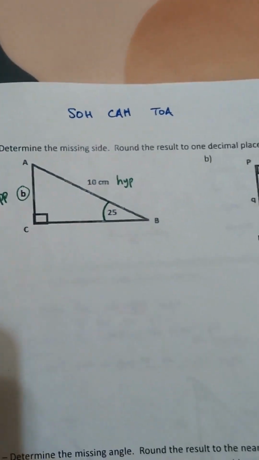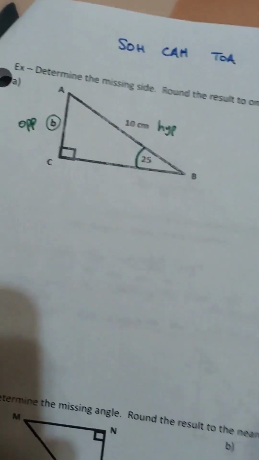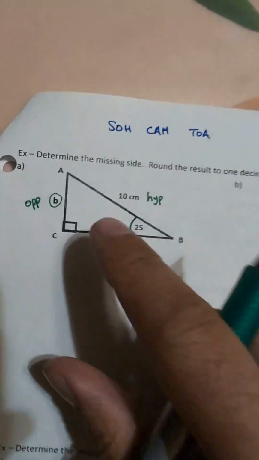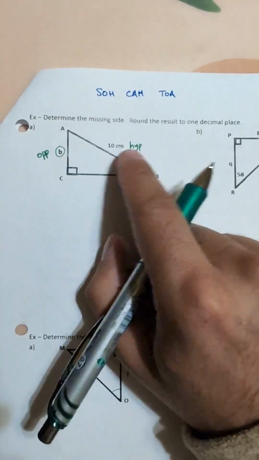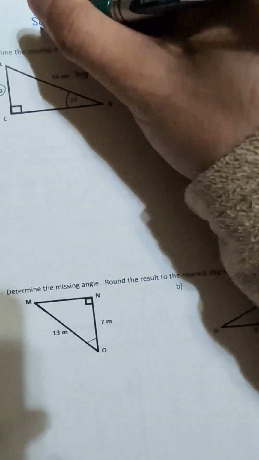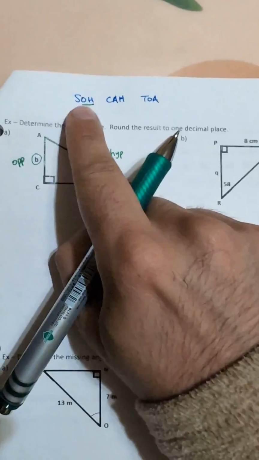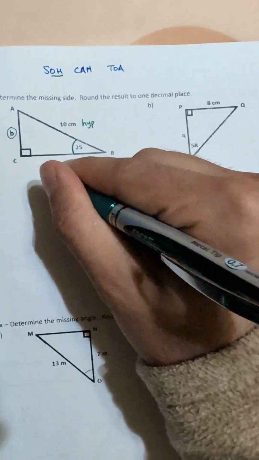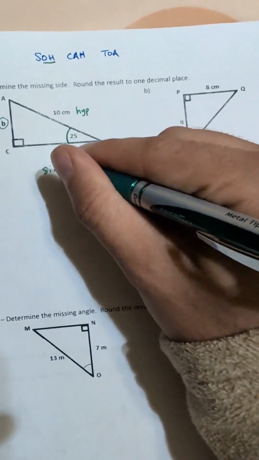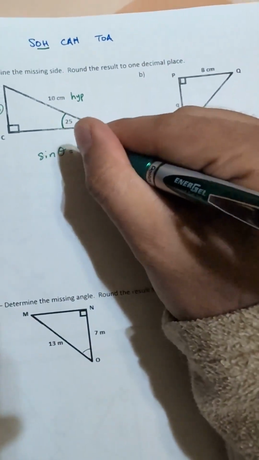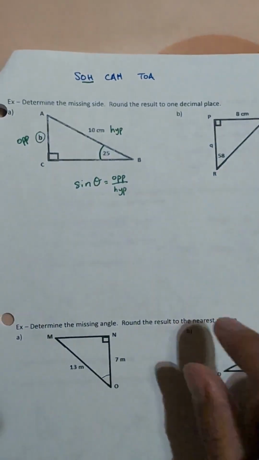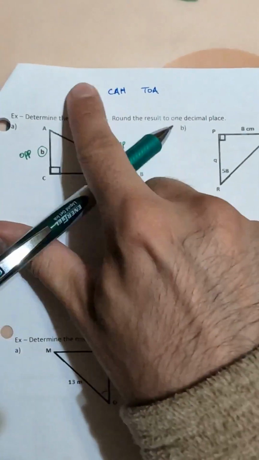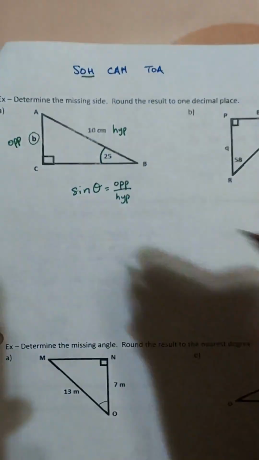That's the extra side here. I don't know anything about it, and I don't need to find anything about it. So the fact that we only are dealing with opposite and hypotenuse is a hint that maybe we should use this sine ratio. And so I'm going to write down that sine of our angle is OH, so opposite over hypotenuse. That's our general formula that comes from this SO part of SOHCAHTOA.